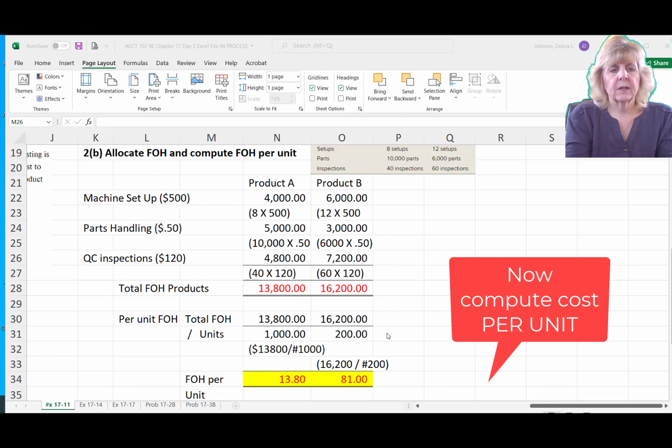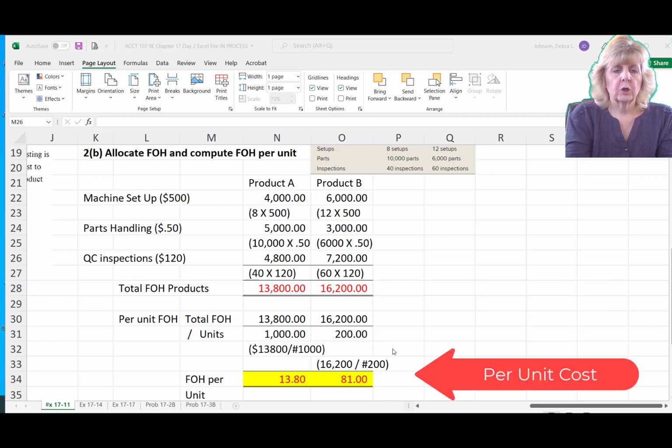So the final step on this part of the problem would be dividing by the number of units. Once you do that, you came up with factory overhead of $13.80 per unit and $81 per unit for product B.